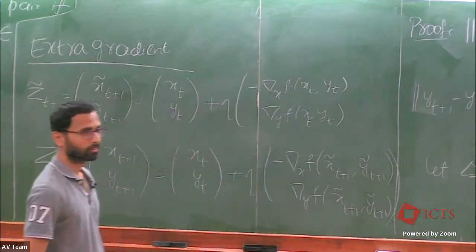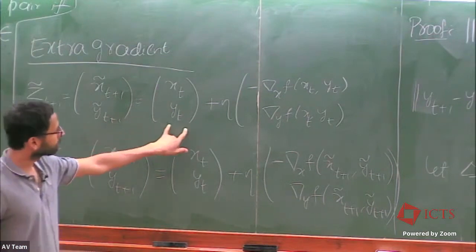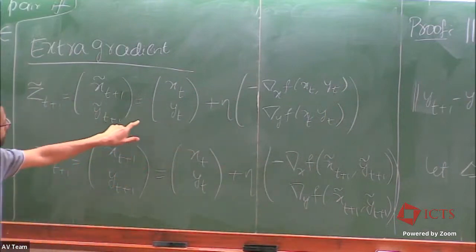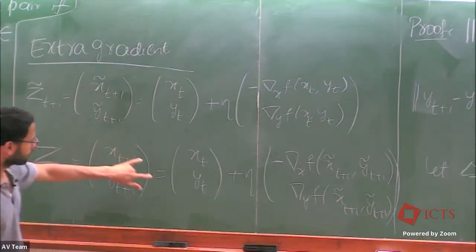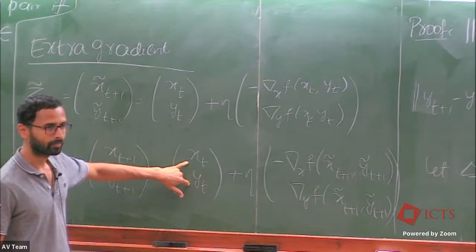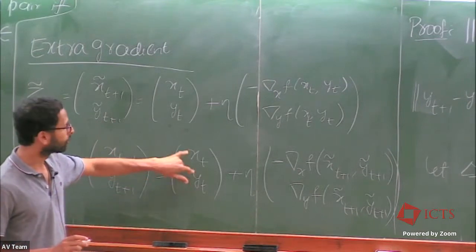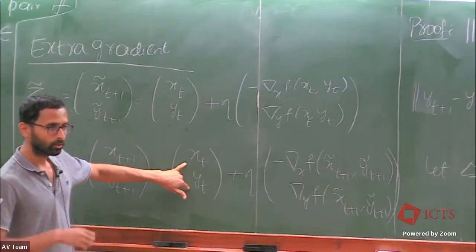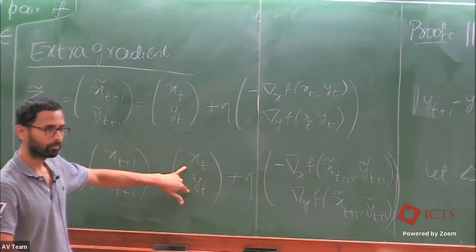So the extra gradient method basically says that from the current point, you take a gradient descent ascent step. You go to this new point x twiddle, y twiddle. Now you compute the gradient at that point and then use that direction to update from x, y. This is different from taking 2 steps of gradient descent ascent. You're keeping the same value, but instead of using the gradient at this point, you're first taking a gradient step and using the gradient at that point to update from the current point. Okay.